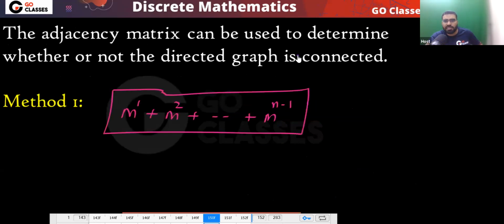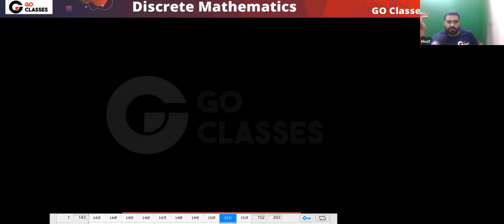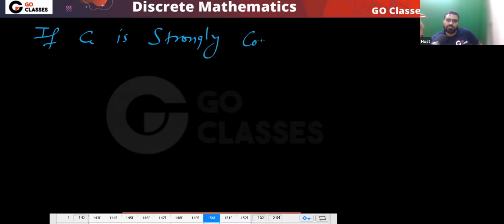Now, how will you check whether this graph is strongly connected or not? This method will work. See, if G is strongly connected, then definitely what will happen?